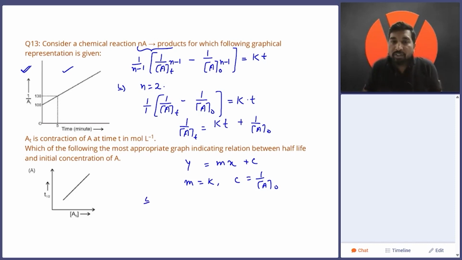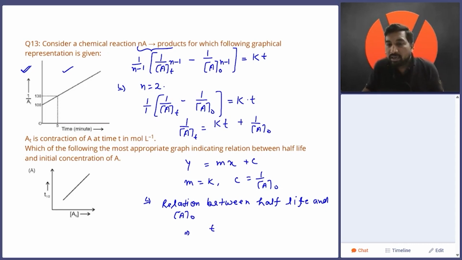For the second order reaction, the relation between half life and A naught is T half is equal to 1 upon K into A naught.